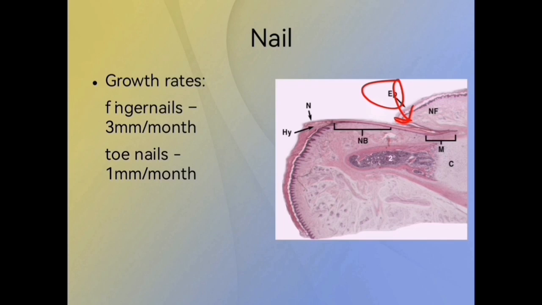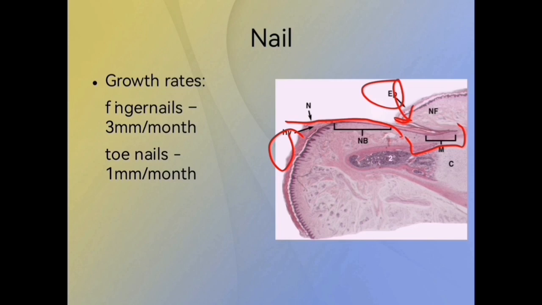This is where we have our nail matrix forming from the nail root and growing distally over the distal phalanx, forming our nail plate, which will lie on the nail bed. Recall that the nail bed is made only of stratum basale and stratum spinosum. Here we'll find the hyponychium, where the nail plate becomes free of the nail bed.